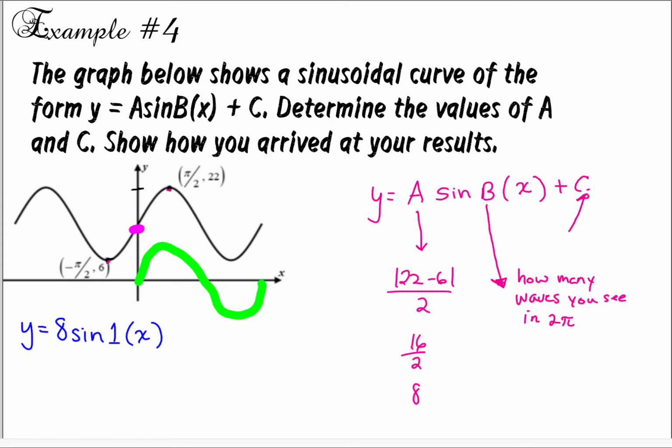So what I have to do is figure out, there's a couple of ways you can do this. If I look at it this way, I can say, well, its highest point is 22.